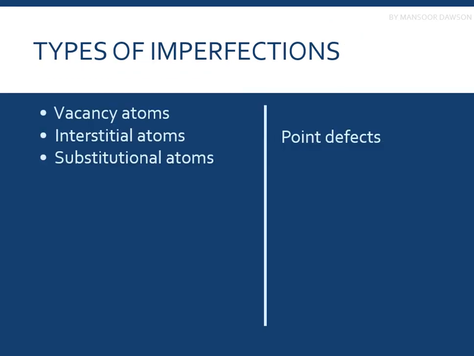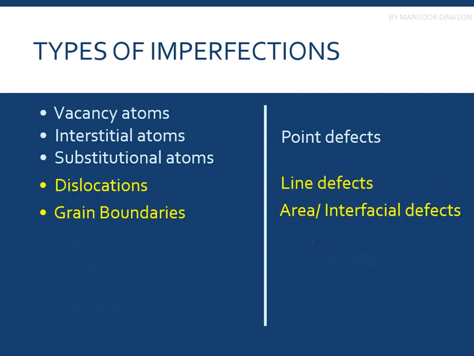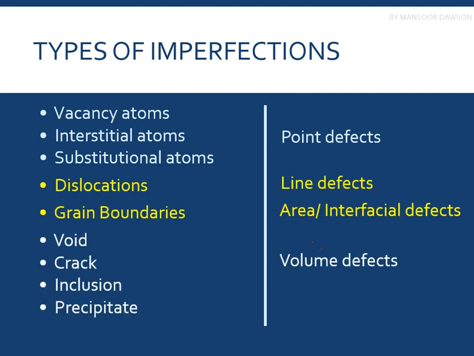So here we have the types of imperfections. We have point defects, line defects, area and interfacial defects, and volume defects. In point defects we have vacancy atoms, interstitial atoms, and substitution atoms.